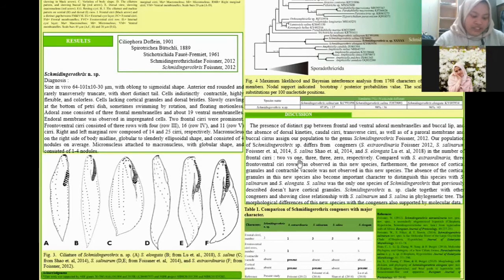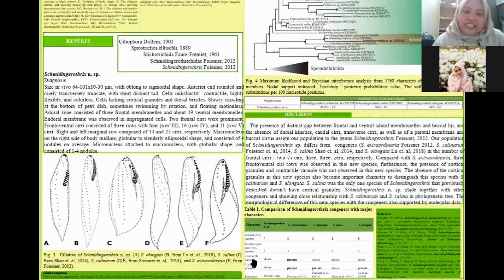Compared with other congeners, this species has two prominent frontal cirri, while in extraordinaria they only have one. In salinarum and salina they have three frontal cirri, and then in elongata they don't have frontal cirri. And the other thing, our population has three frontoventral cirri rows, the same as salinarum and salina.